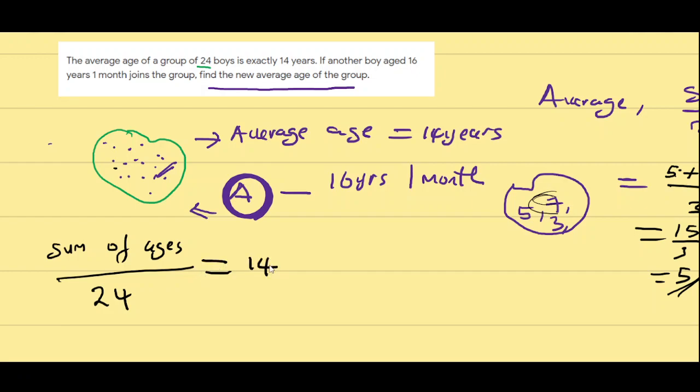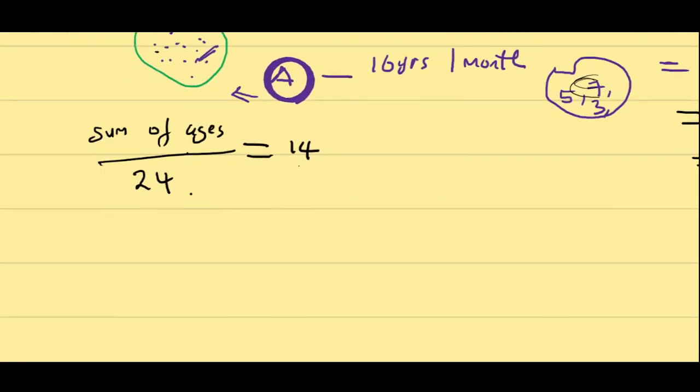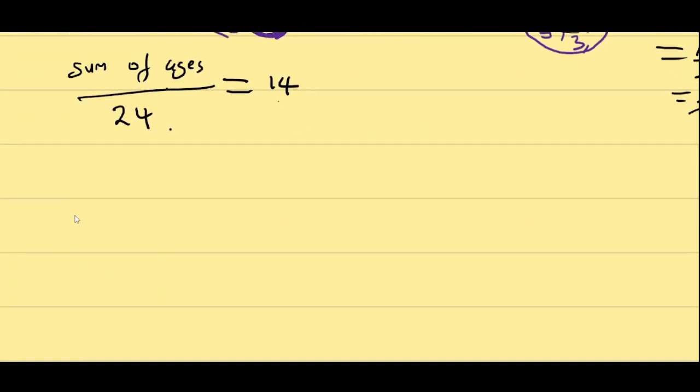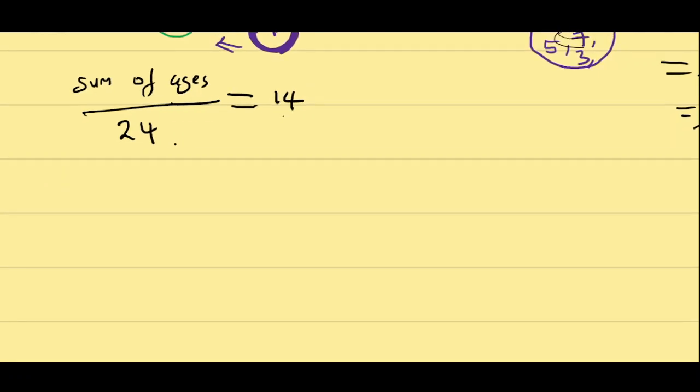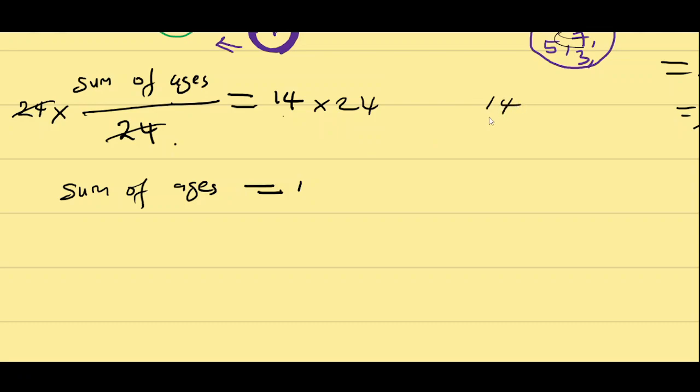If we multiply both sides by 24, the 24 strikes out, and we find that the sum of ages of the boys is equal to 14 times 24.